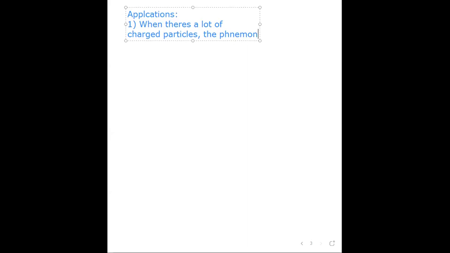Well, we do feel it, and you can say you can see it, but originally you can't go to your pantry and say, oh, I want to pick out static. It's not a physical object. So when we say it's a phenomenon, it's something that naturally happens. When there's a lot of charged particles in a contained area.